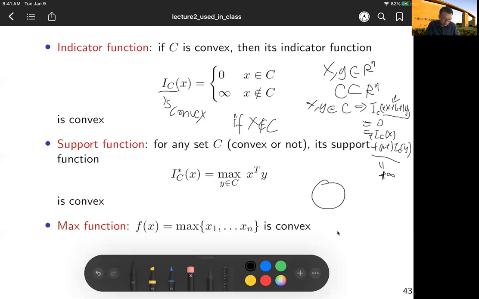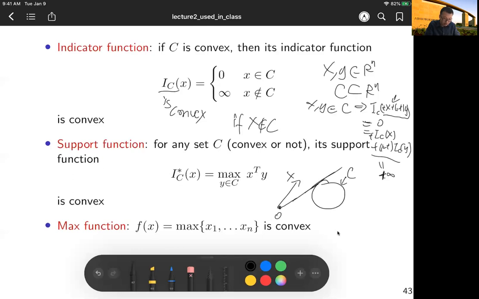So consider this is a convex set, and this is the origin, and this is your vector x. The support function finds all the supporting hyperplanes of this set from the origin.